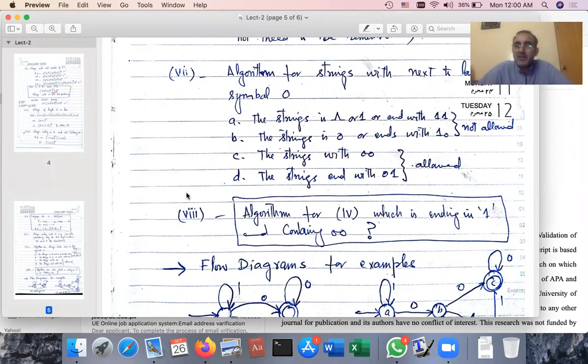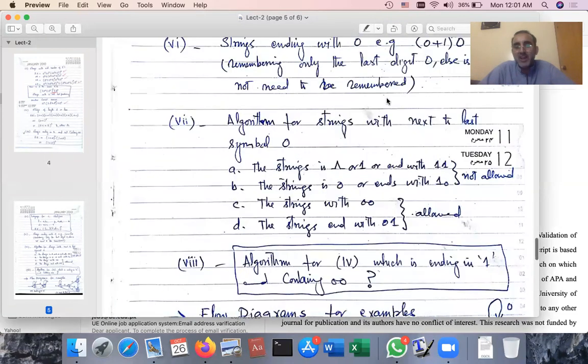Algorithm means give me the logic, how you will produce a regular expression. I am not asking for the regular expression, but the idea which is coming into your mind for solving that language into regular expressions, that idea I am actually demanding when I am writing algorithm for strings. Algorithm for strings with next to last symbol 0.